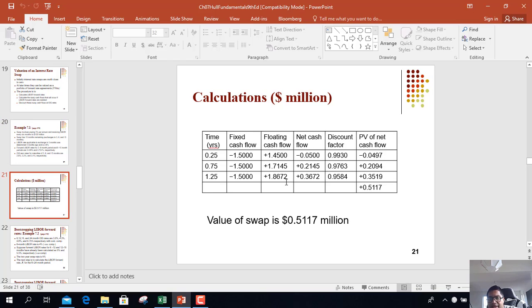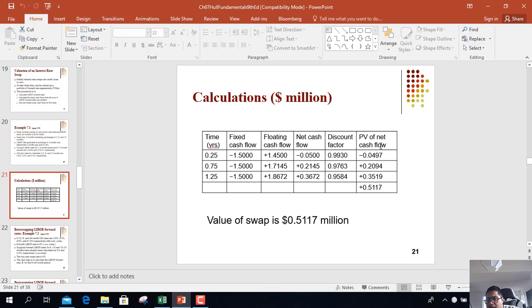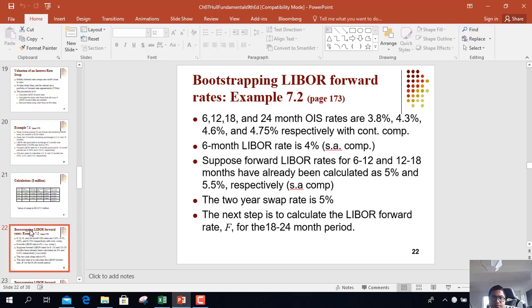So you got the floating cash flows. Calculate the net cash flows, then discount these cash flows using continuous compounding and risk-free rates of 2.8, 3.2 and 3.4, right? Calculate the present values and add them up. That is the value of the swap.